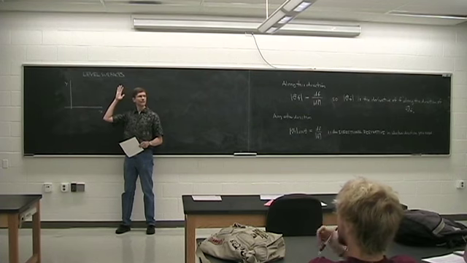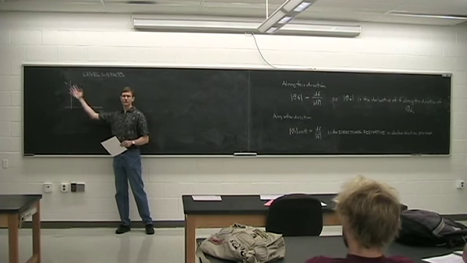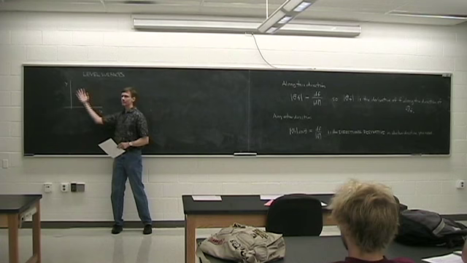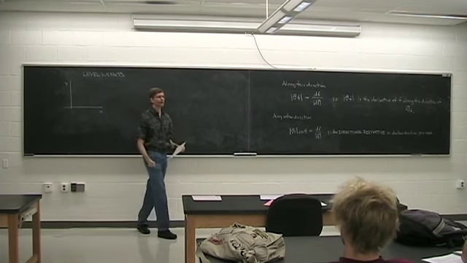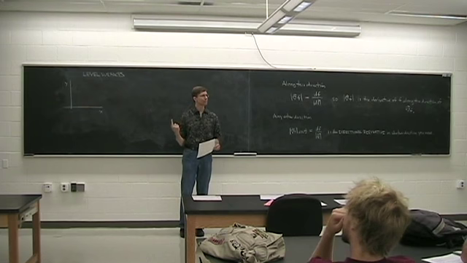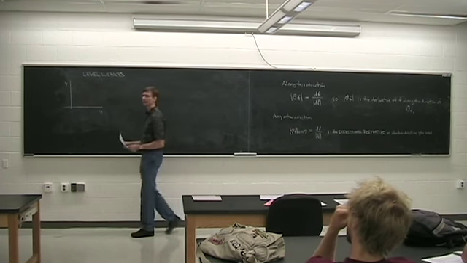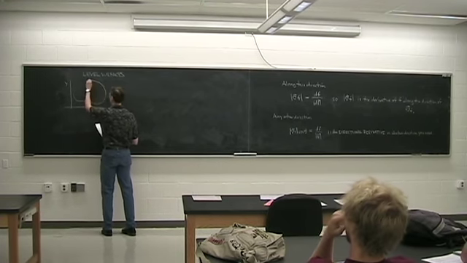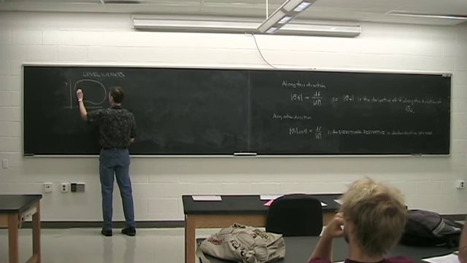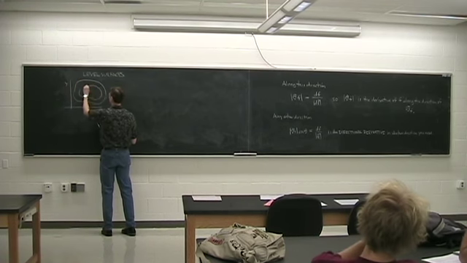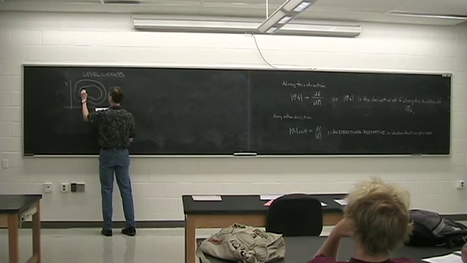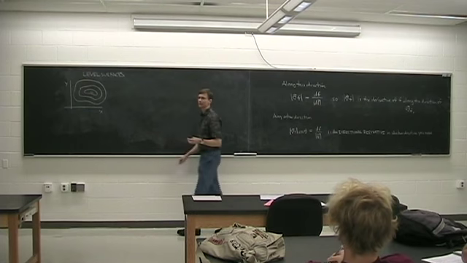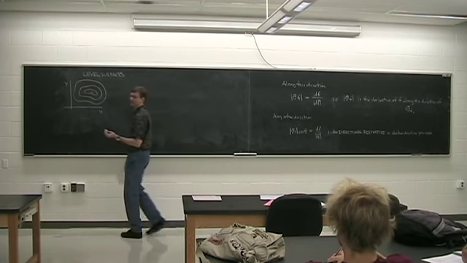F of X and Y could be altitude as a function of X and Y. And so you could take slices parallel to the XY plane, cutting the hill into slices that all have exactly the same altitude as one another, the same height above the XY plane. And so you get what we call a contour plot, and it might look something like this. Just for variety, it looks different than the one I drew in the notes there, but I don't think you need to put that in the margin.